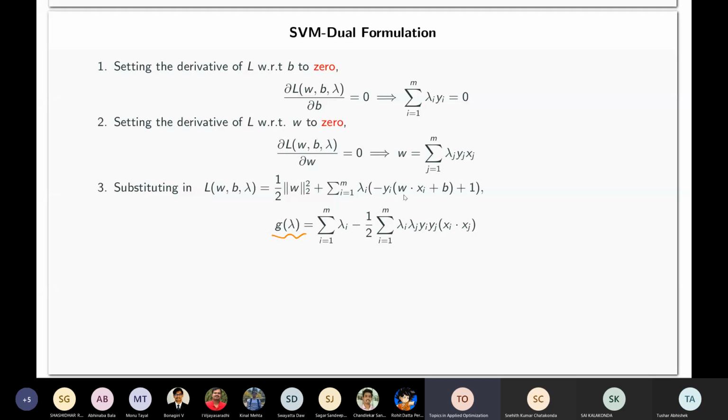Here it is written in terms of j, but if we substitute W here, we will see these terms like lambda i, lambda j, y j, y i. So y i is here, y j is coming from here, and then x j dot x i, so x i is here, x j is here. Those will be here.